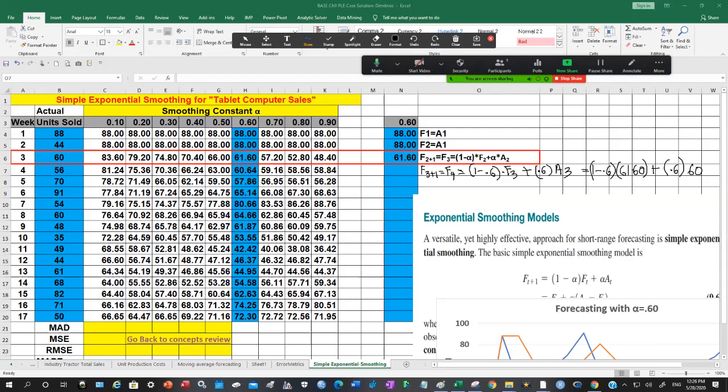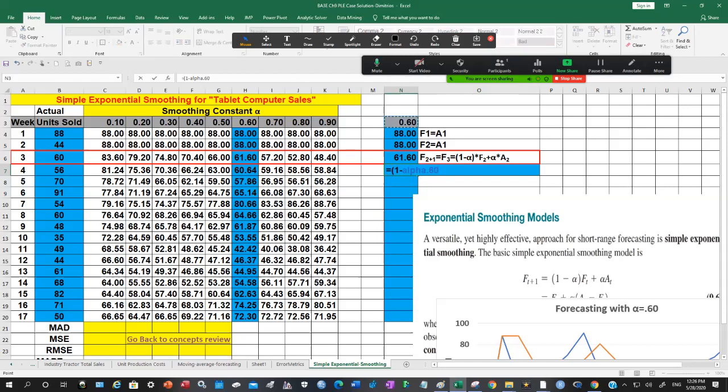I'm recreating this column. So let us go and do this right here. And let me clean up. So this is 1 minus alpha, all right? 1 minus alpha.